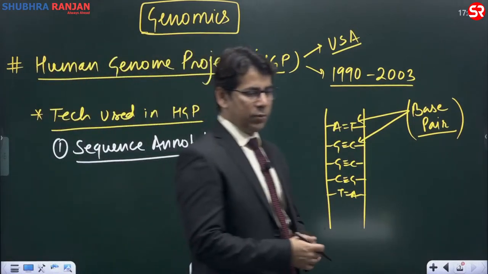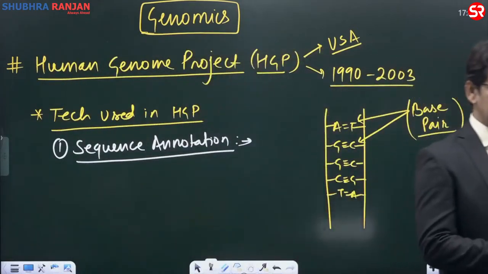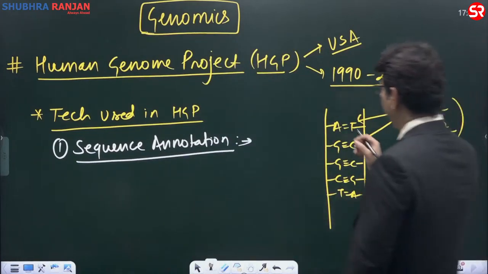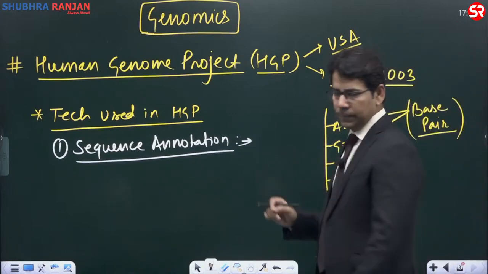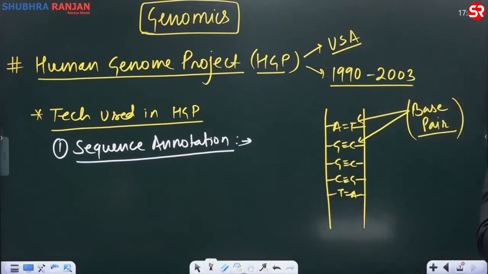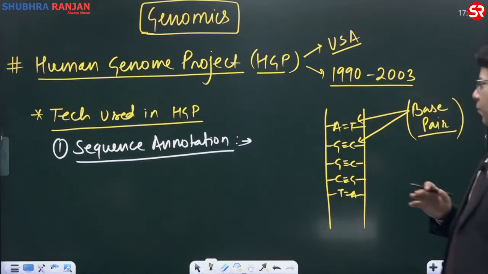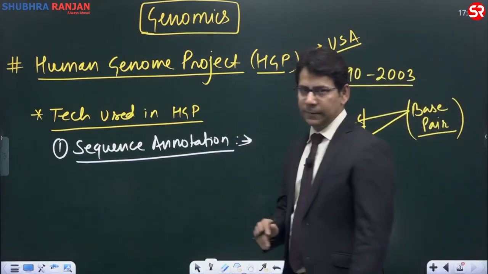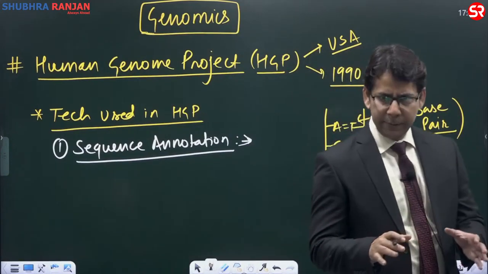The first technology was what? Sequence annotation. And simply you can write: for base pair sequencing and base pair reading. Clear?